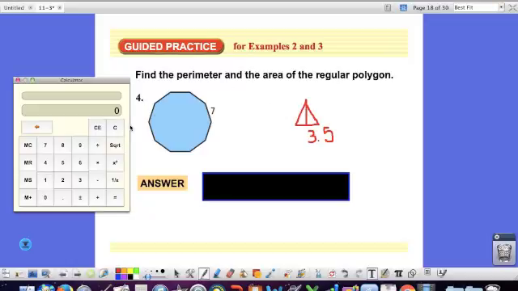Now, I can use trigonometry because I can find the measure of the angle at the top here. This has 1, 2, 3, 4, 5, 6, 7, 8, 9, 10 sides. 360 divided by 10 would be 36, and then 36 divided by 2 is 18. So we have an angle there with a measure of 18 degrees.